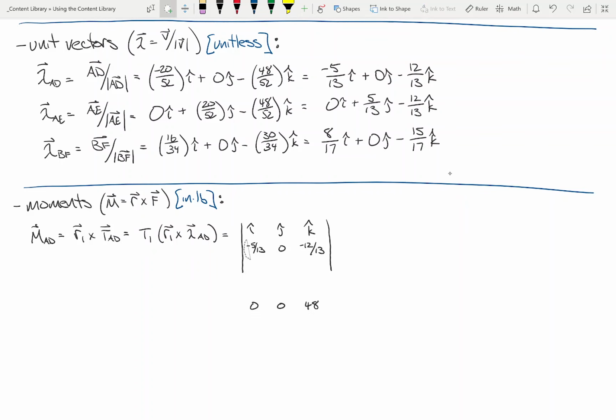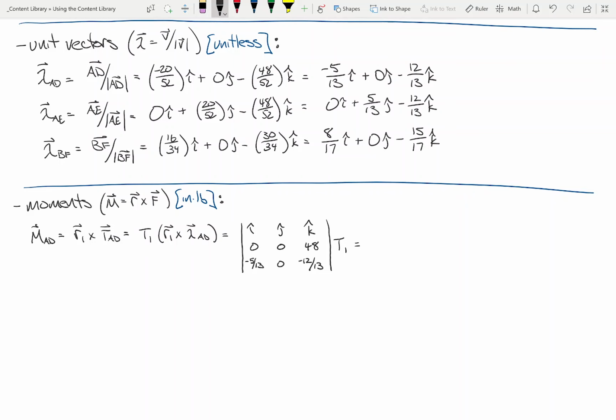Lambda goes down here. Can't do that on a physical whiteboard. Okay, so we have R here, the lambda there, and then don't forget our T1 there on the outside.